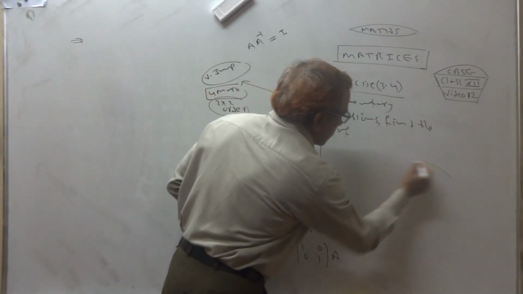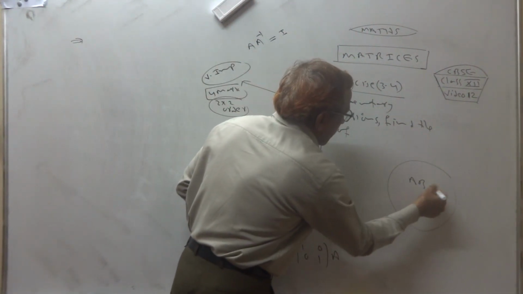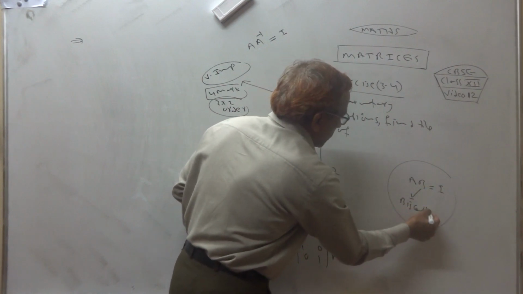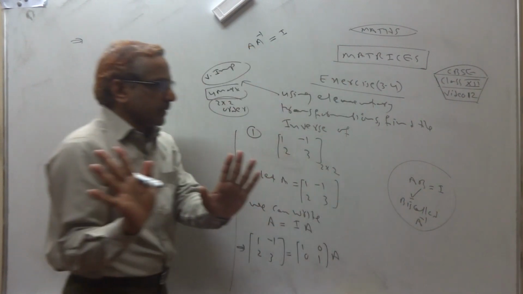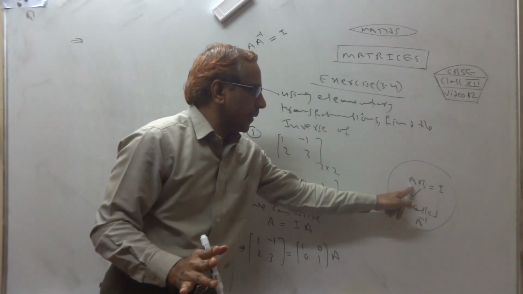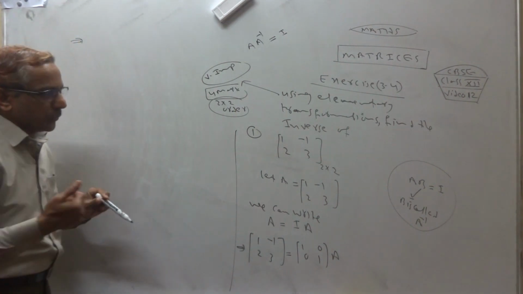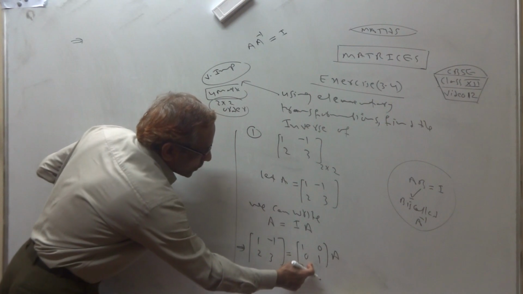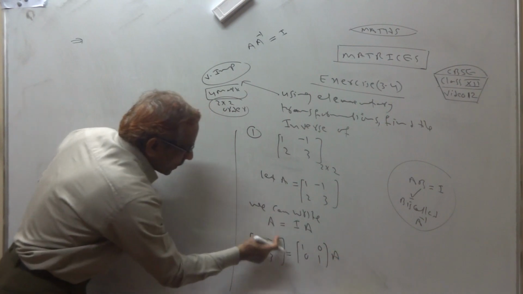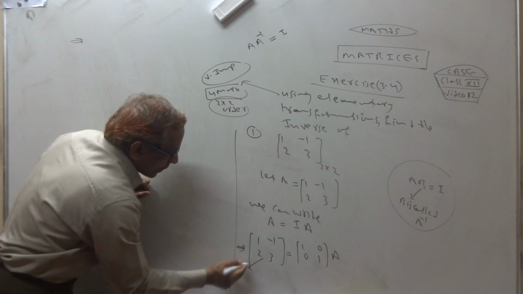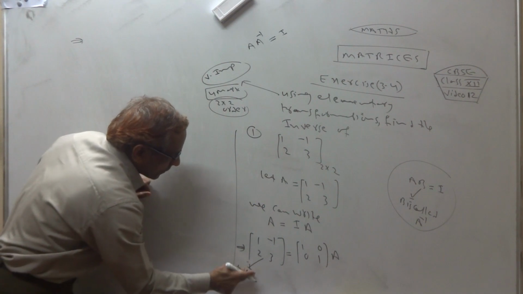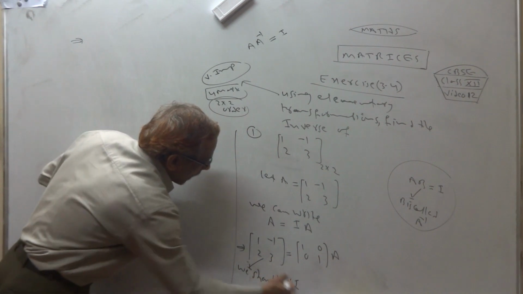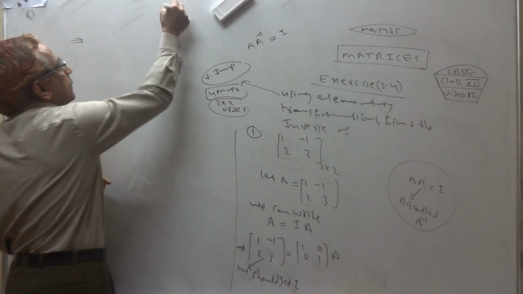Now, what is this method? Because we know that if AB is equal to I, B is called the inverse of A. So what we have to do now: this is A, this is B. You assume that this is A, this is B. Here we should get I. What is I?